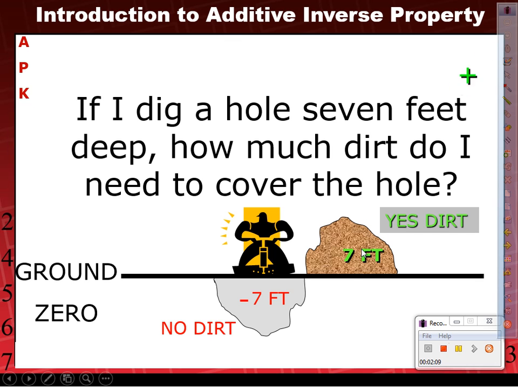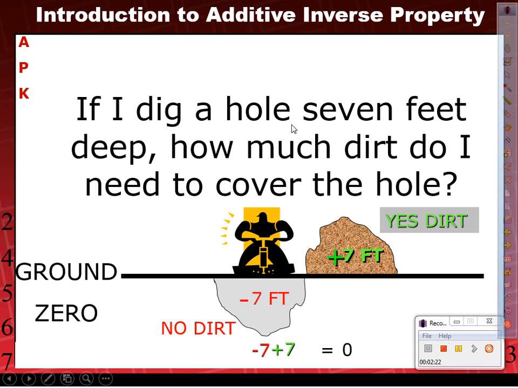It's a positive. That's why this is a +7. Therefore, -7 and +7 are opposite numbers, and when you combine them, they become 0. In a nutshell, that's what we call the additive inverse property. And I'll give you the formal word in a little bit.